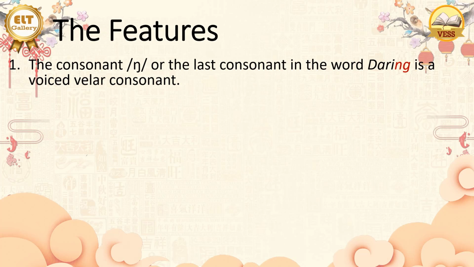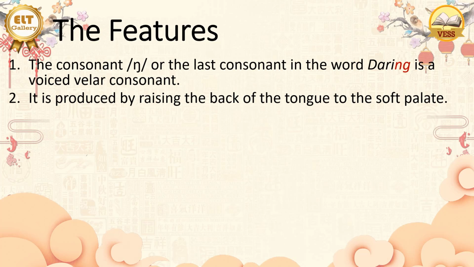First, the consonant, or the last consonant in the word daring, is a voiced velar consonant. It's produced by raising the back of the tongue to the soft palate. So here the back of the tongue raises to the soft palate, and it blocks the air passage so that the air goes through the nose.